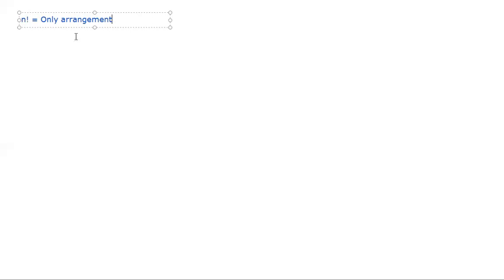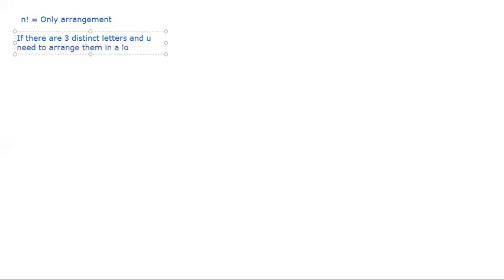If there are 3 distinct letters and you need to arrange them in a line, you will say, like what we were doing then, first place in 3 ways, then second place in 2 ways, and then third place in 1 way. So you will get 6. That's 3 factorial.